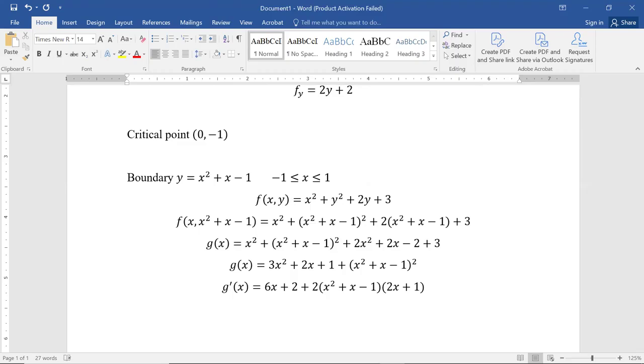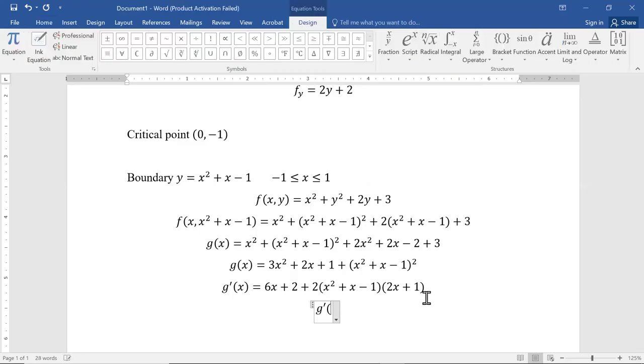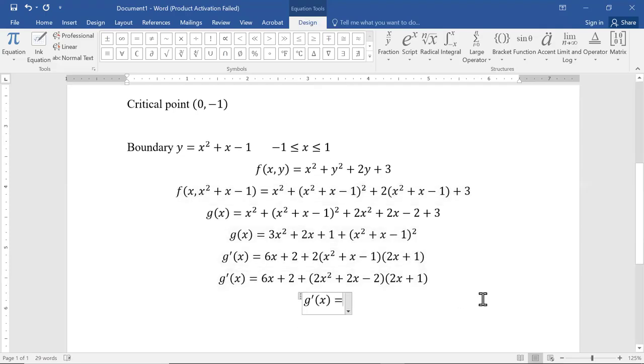So that's why I did it that way. So let's go ahead and do that. G prime of x is going to be equal to 6x plus 2 plus 2x squared plus 2x minus 2 times 2x plus 1. I'm going to keep simplifying till I get to something that's really easy to deal with.